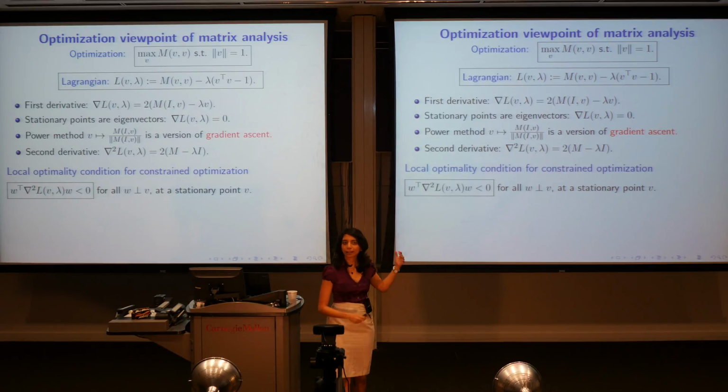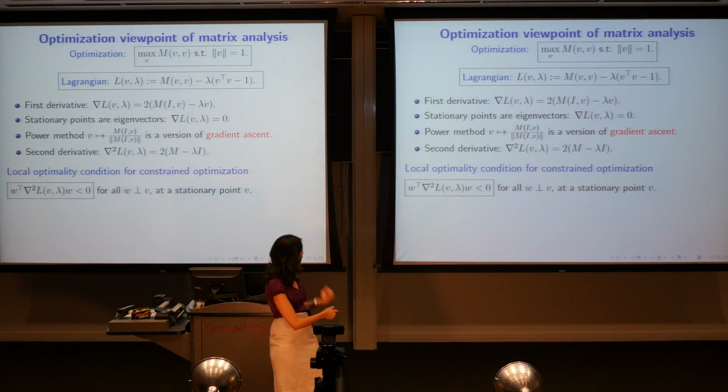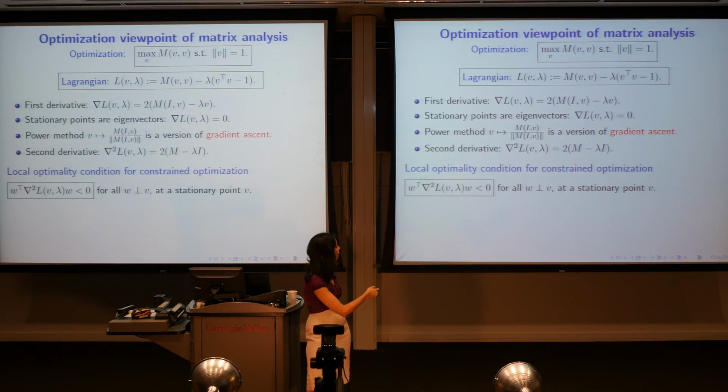So this is a general condition for the stationary point to be a local optimum. Okay, so we'll now just apply this condition to the matrix here, to the Rayleigh quotient optimization problem.